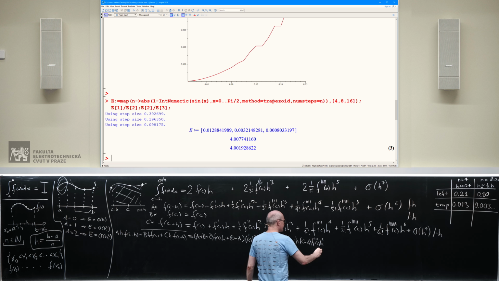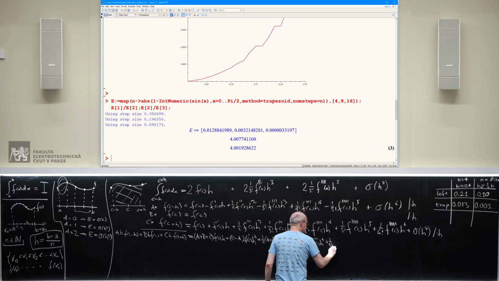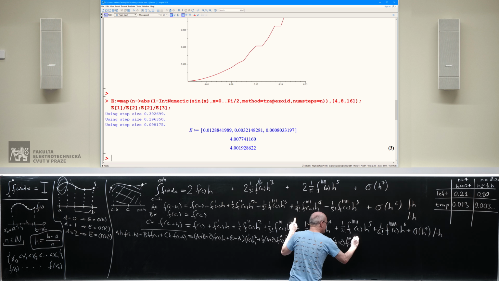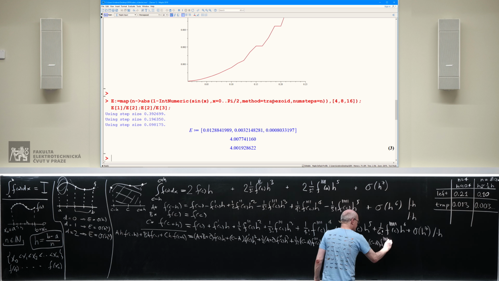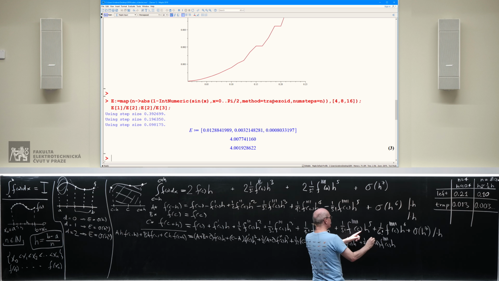Here I'm adding, factoring out 1 over 4 factorial, (A plus C), the fourth derivative, h to the power 5. Here I'm subtracting 1 over 5 factorial, (C minus A), the fifth derivative, h to the power 6.